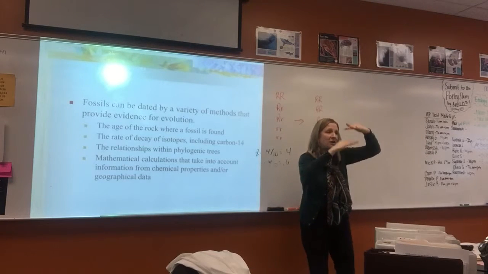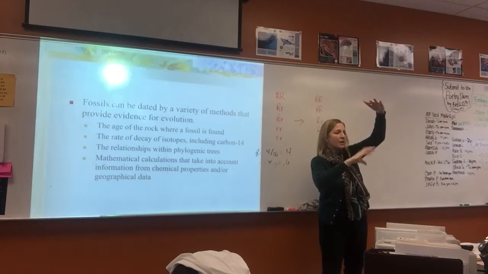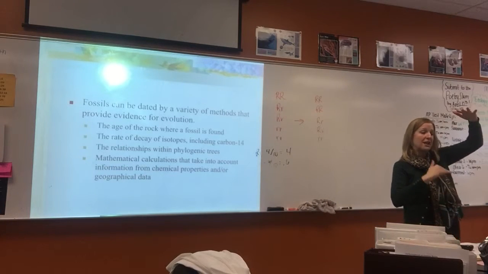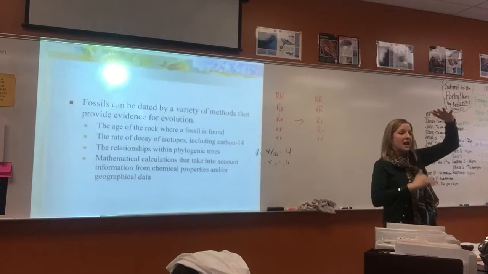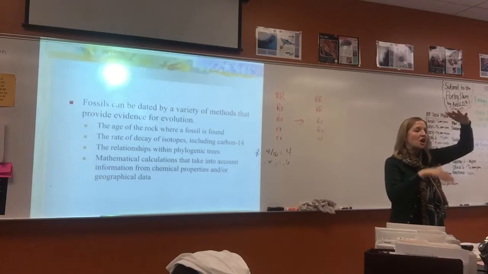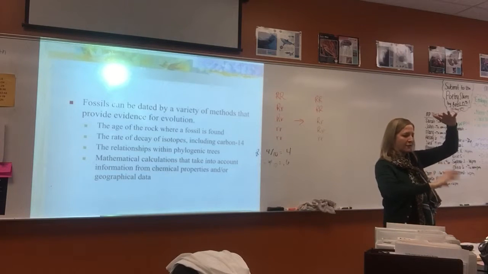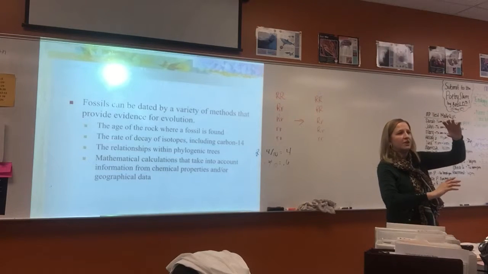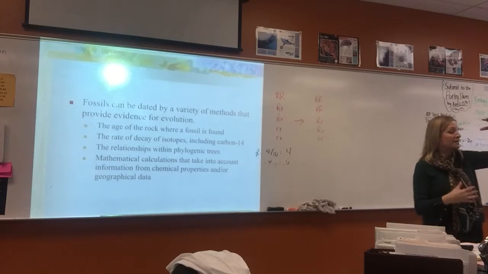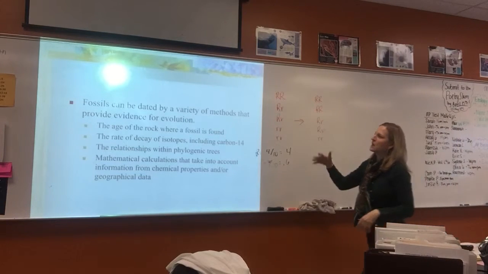The oldest layers are deeper in the ground, the newest layers are towards the top. So when you find fossils in these various layers, you can tell the relative age. If a fossil is found here versus here, you can tell that this one's newer than this one, died more recently, and so on. And so that's what it means.